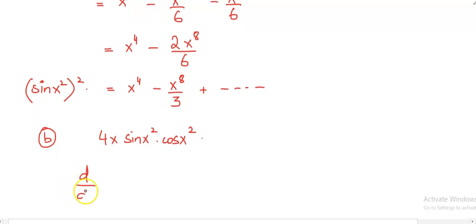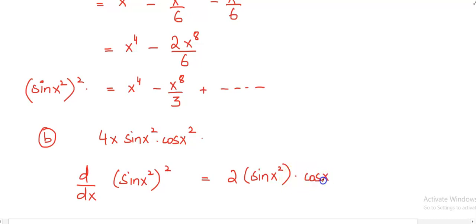So if I differentiate d by dx of sine of x squared to the power of 2, you can utilize the chain rule. I'm doing that directly. So this is 2, the power comes down, and then I have sine of x squared to the power of 2 minus 1, which is going to be 1, so I'm not going to write that. And then the derivative of sine of x squared is cosine of x squared.